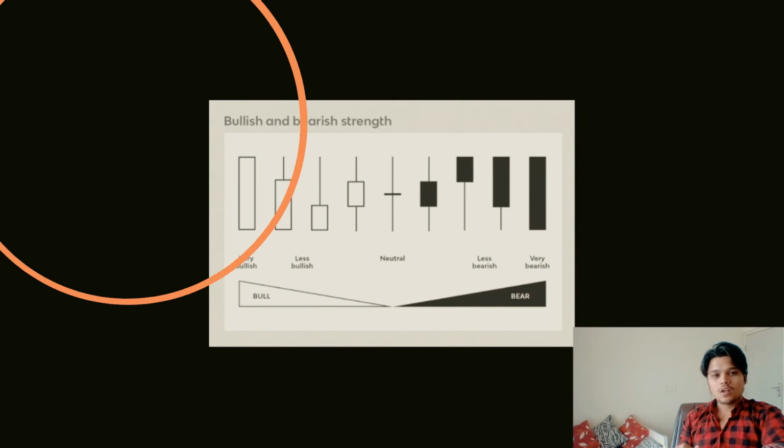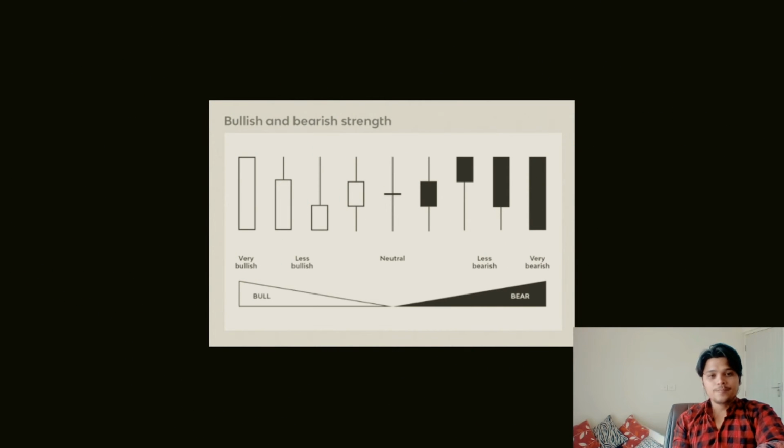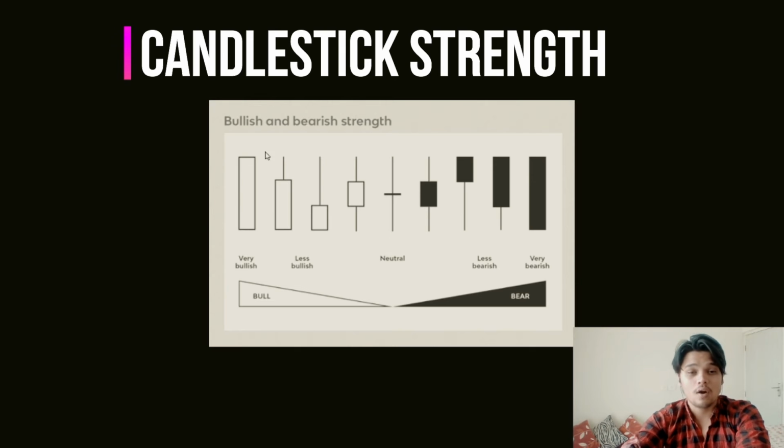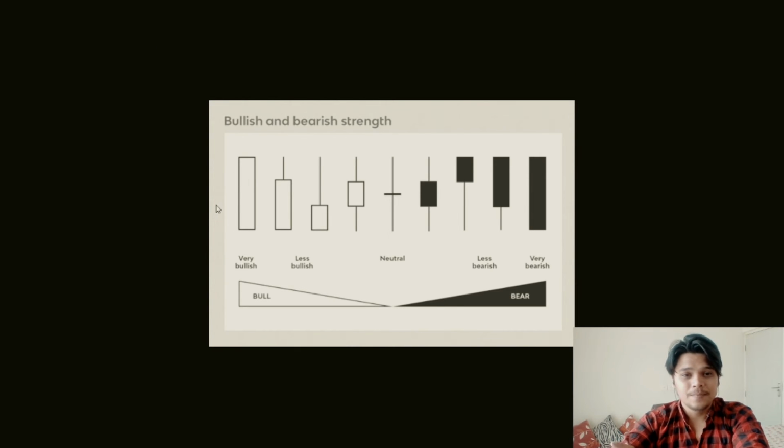All right, so guys, in this segment, as you can see on your screen, this is the bullish and bearish strength of the candles. From this chart I can simply explain what a candle means. This is a green candle, and these are the reds. This green candle is very bullish.